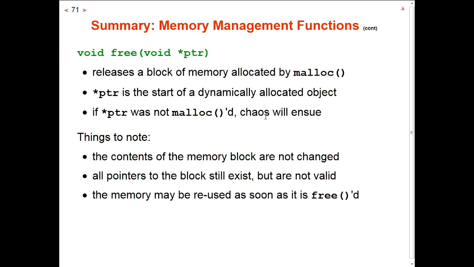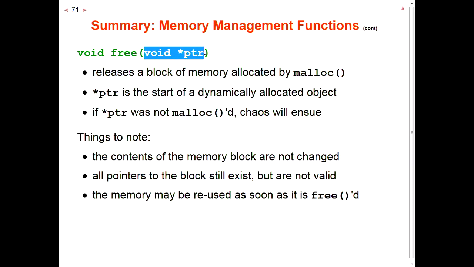On the other hand, we have the function free, which is used for memory management to make sure that our program doesn't have what is known as memory leaks, occupied heap space that is no longer accessible and no longer needed. Free releases a block of memory that has been allocated by malloc, and you have to make sure that the address that you provide here as argument is the address of a block of memory that previously has been mallocked.